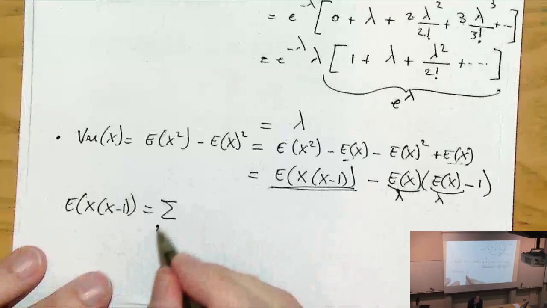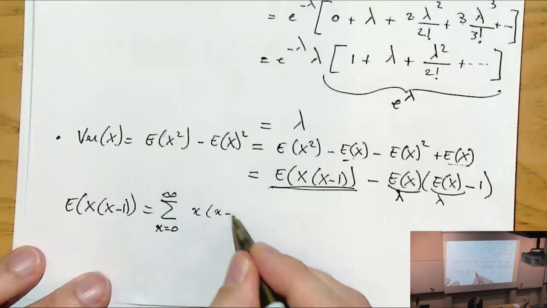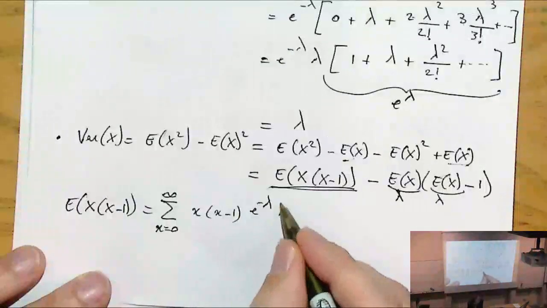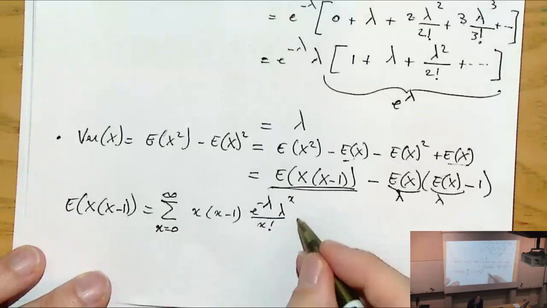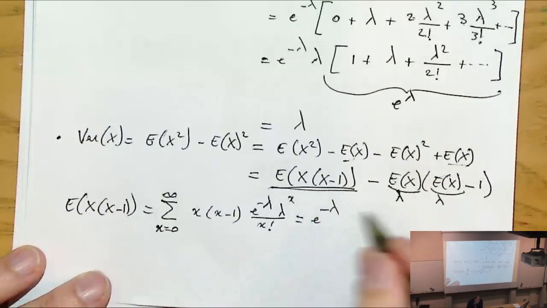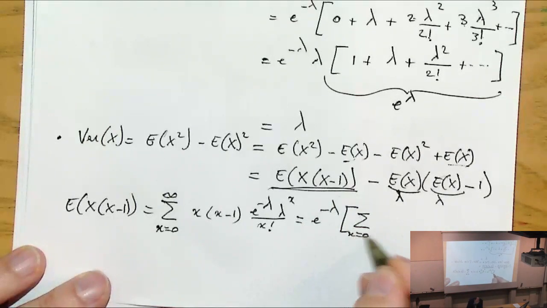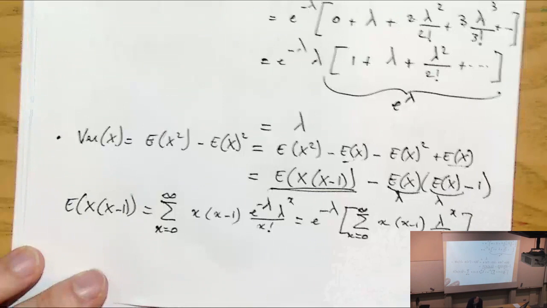It's a sum for x from 0 to infinity of x multiplied by x minus 1 times e to the minus lambda, lambda to the x divided by factorial of x. I can take e to the minus lambda outside, sum x from 0 to infinity, x minus 1, lambda to the x divided by factorial of x.